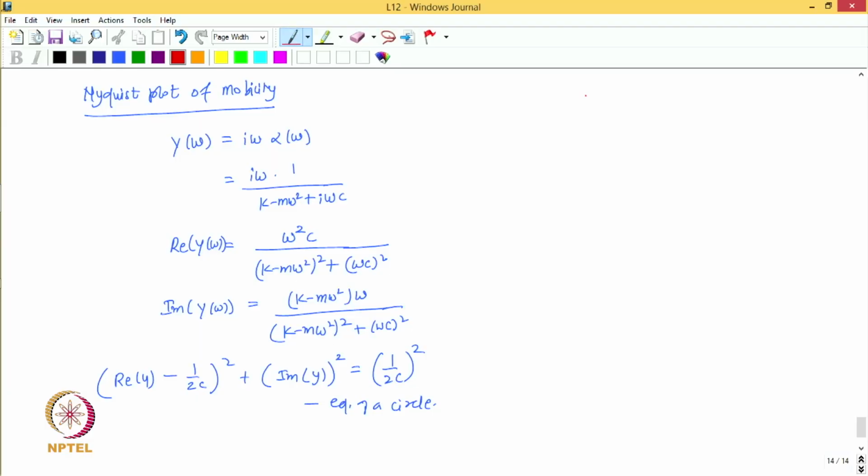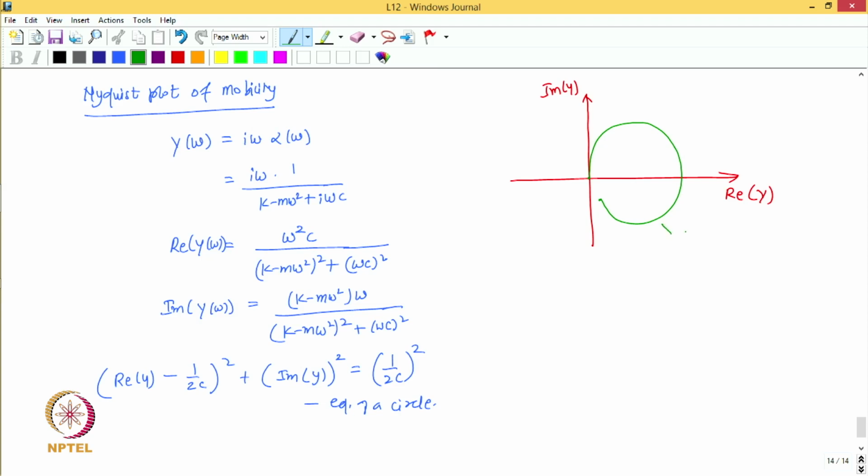So, let us trace the Nyquist plot. This is the real part of the mobility and this is the imaginary part of the mobility, and this plot would look something like this. This is the starting frequency, 0 hertz, and then it goes up to some high frequency range.